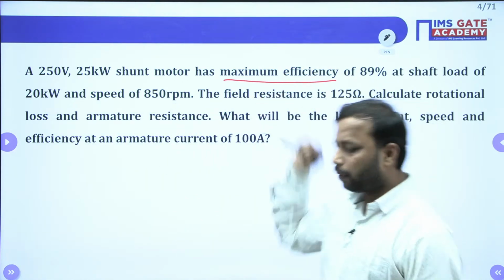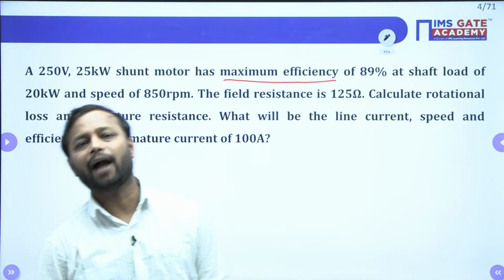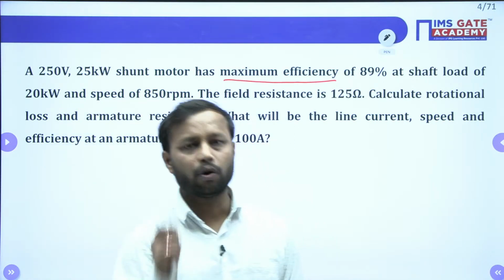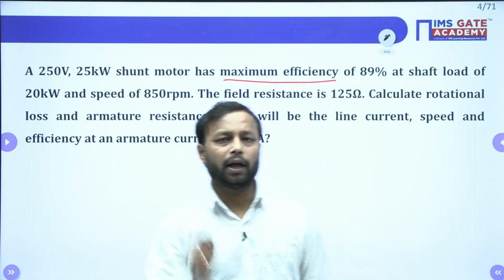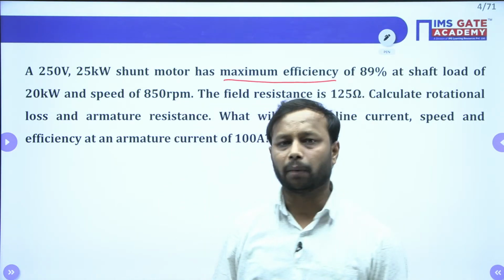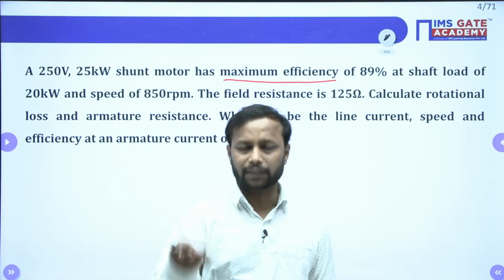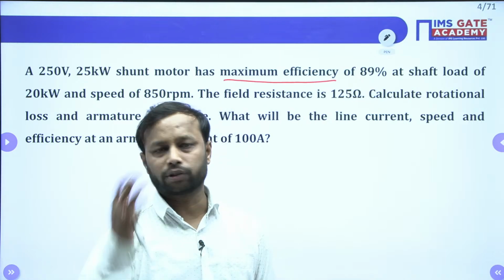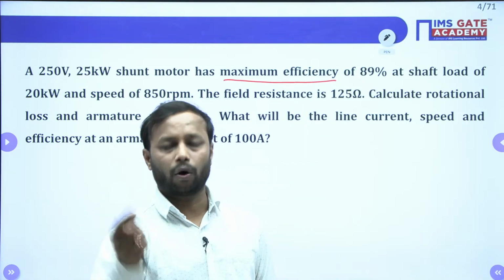The maximum efficiency condition says that whenever your variable loss becomes equal to the constant loss, then your efficiency will be maximum. Variable loss is the copper loss, which depends on the load, and the constant loss is those losses which do not depend on the load.